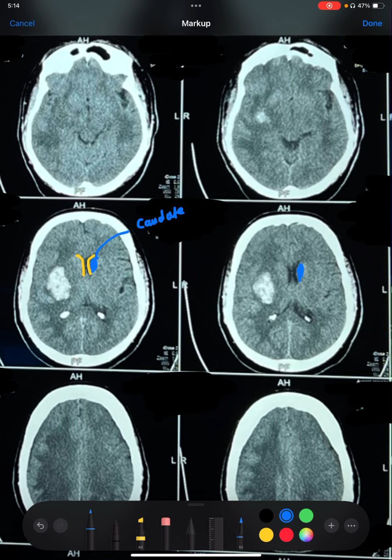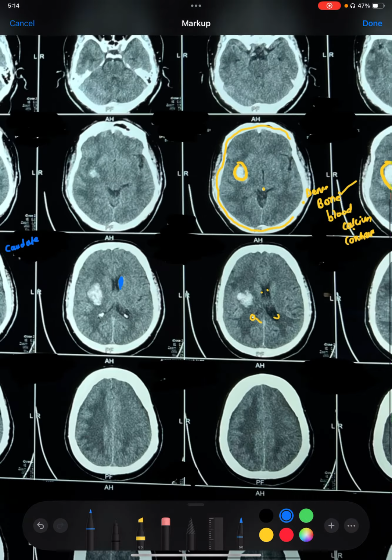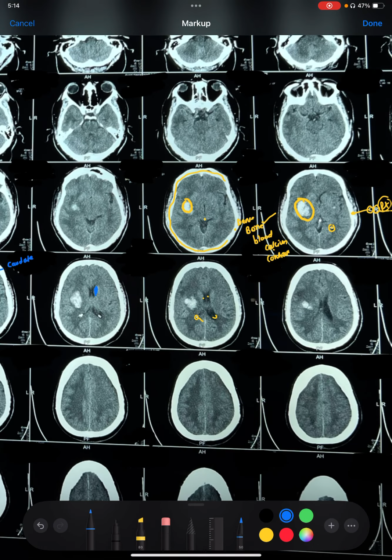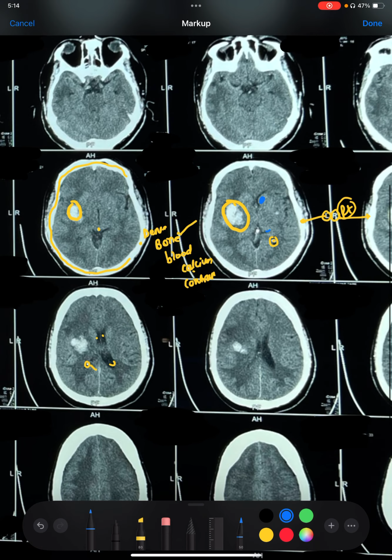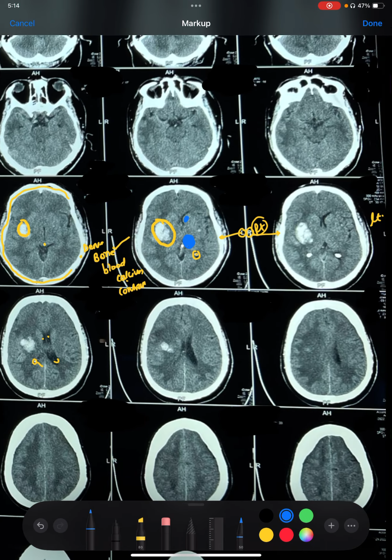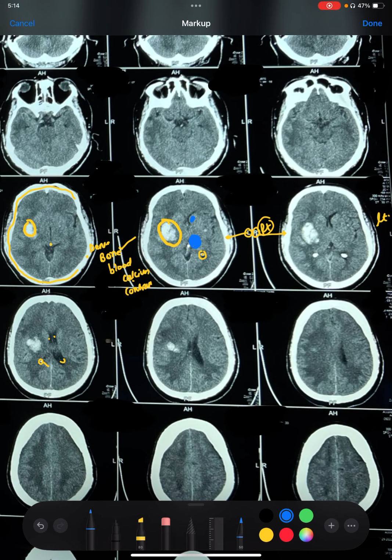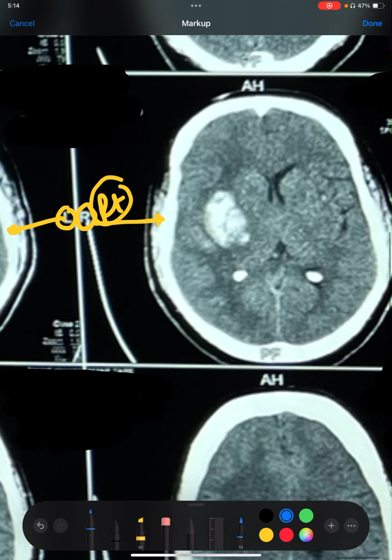The other structure to notice is the thalamus. Exactly opposite to this caudate, here you will have a thalamus. So this is the thalamus, this is the caudate, and in this image, this is the caudate, and this structure is the thalamus, exactly behind it. Here we have the caudate lobe.